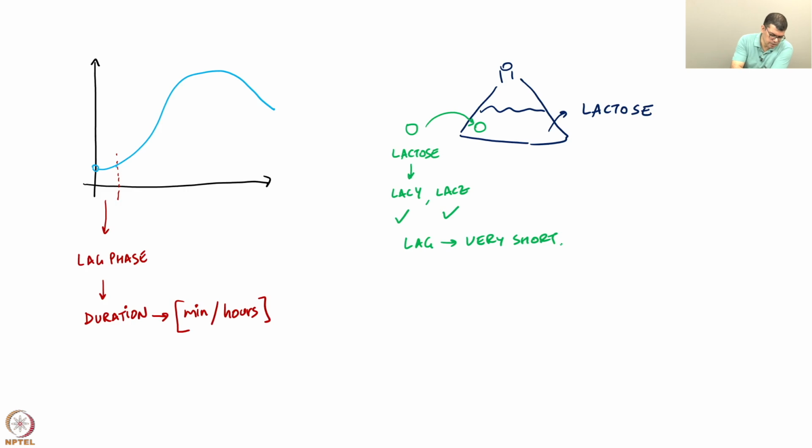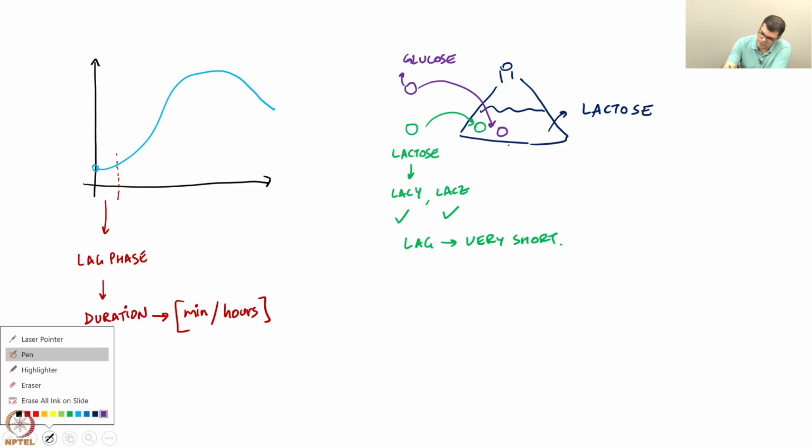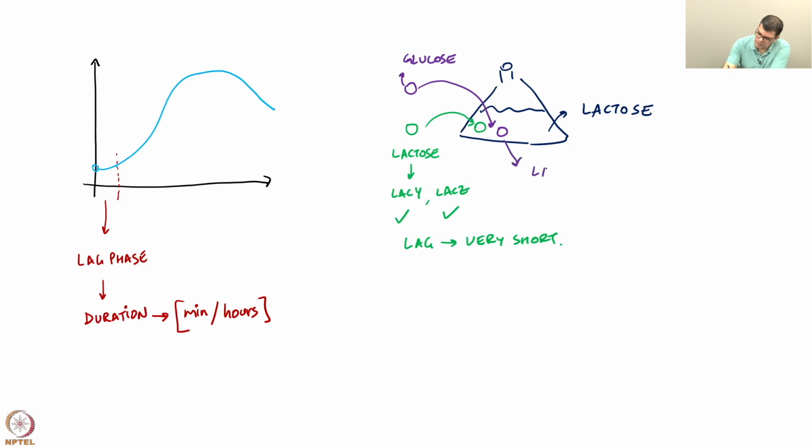On the other hand, if this individual came from an environment where it was growing on glucose, this individual does not have any LAC-Y or LAC-Z, and hence it is going to need some time to make those proteins, and only then it will be able to exhibit growth. So in this case, lag is going to be long.